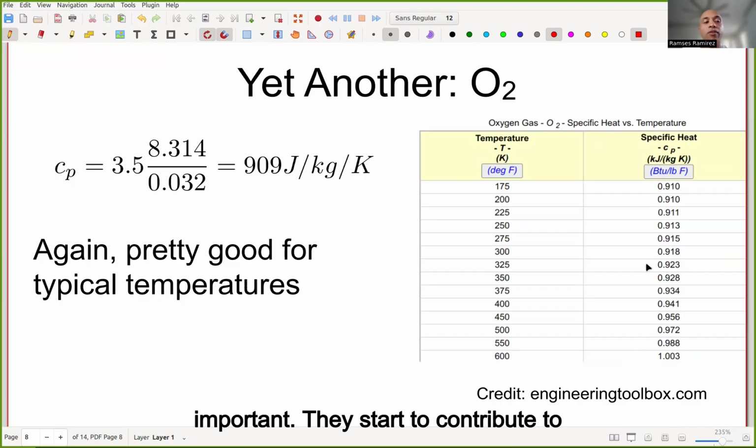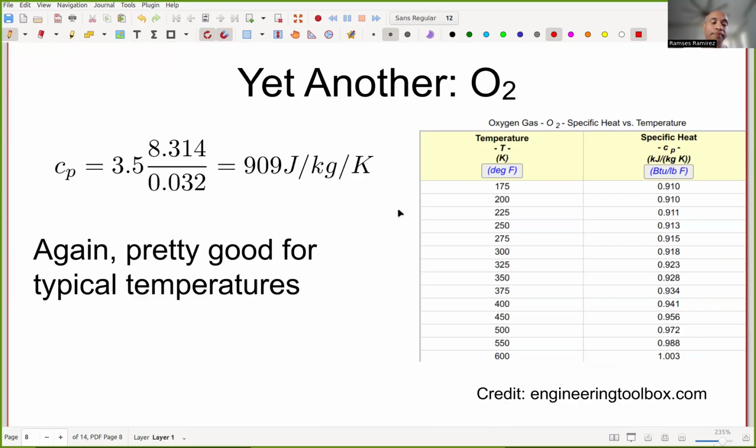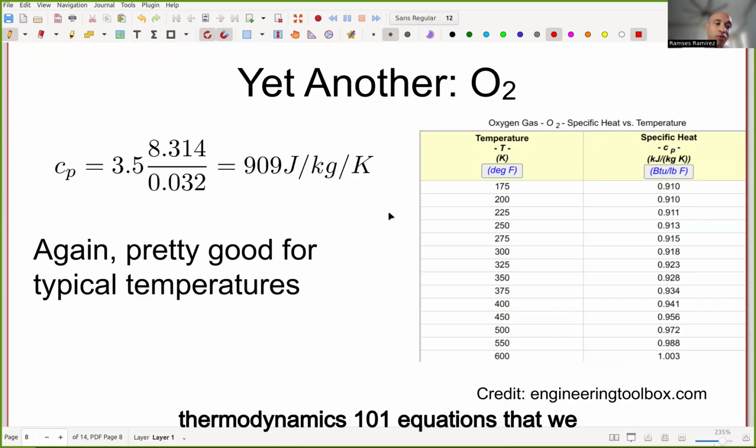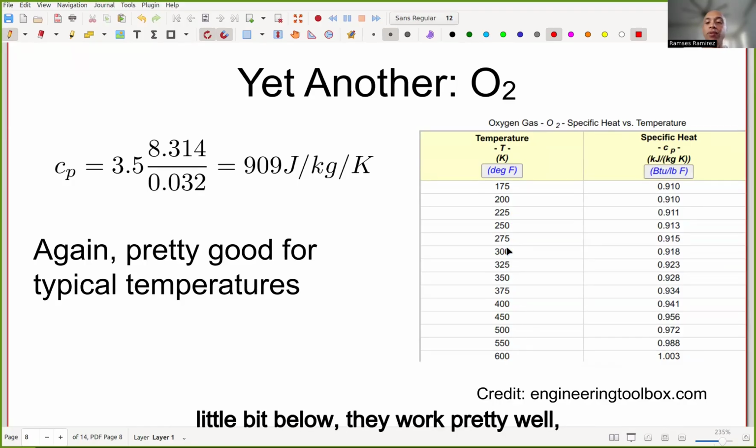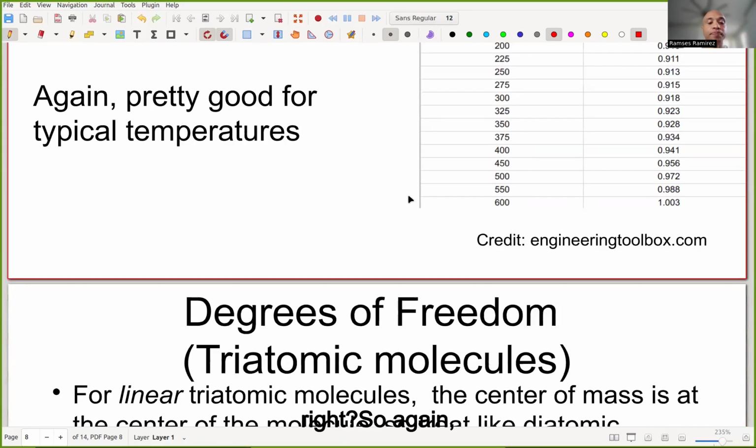They start to contribute to the heat capacity calculations, so the typical thermodynamics 101 equations that work for room temperature start to break down a little bit, but for room temperature and just above or a little bit below, they work pretty well.